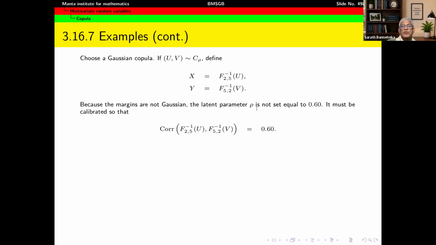So we are not going to say rho is equal to 0.6. We are going to find a suitable value for rho first by using a calibration method, and then put that value as the rho in the Gaussian copula.